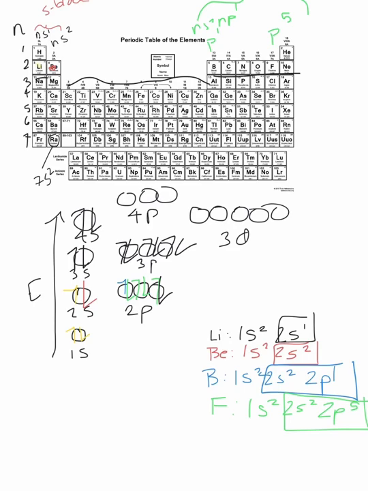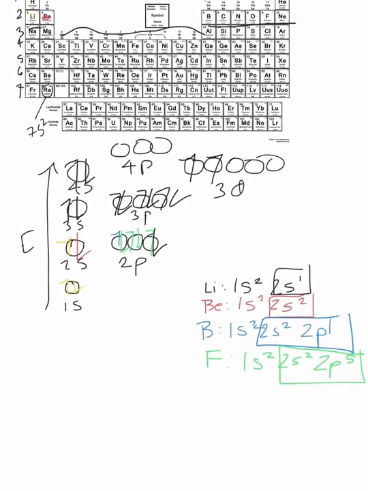So instead of in row 3, where we went from 3s and hopped over to 3p, now in row 4, we have to go through 3d before we can fill 4p. And so we are going to put those 2 electrons into the 3d orbital.